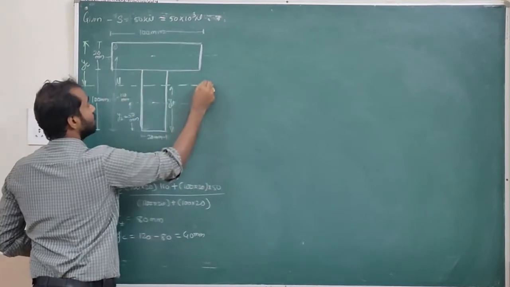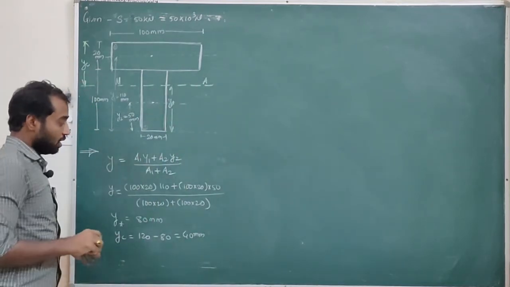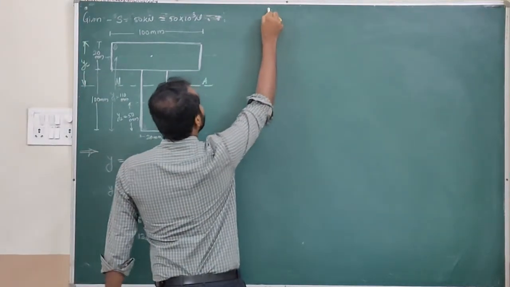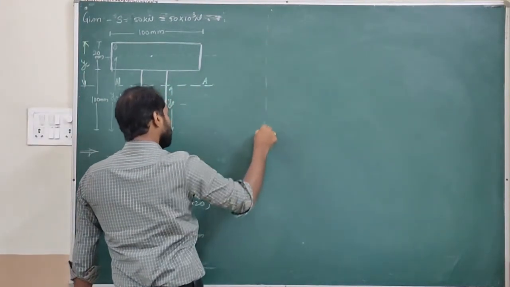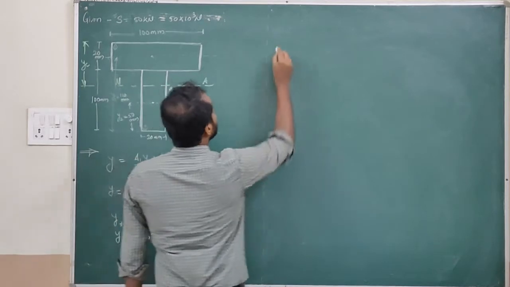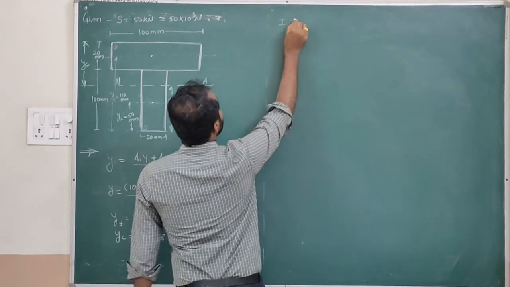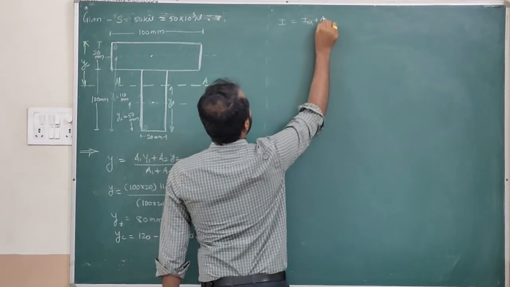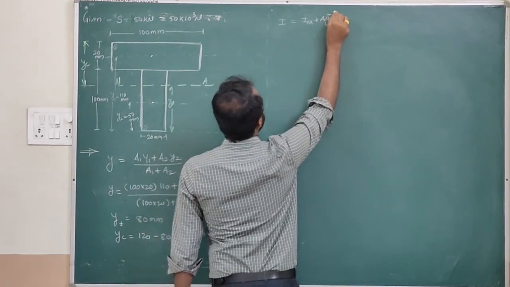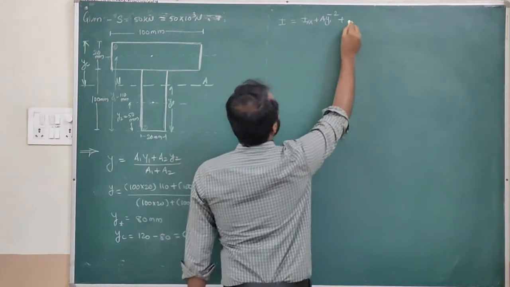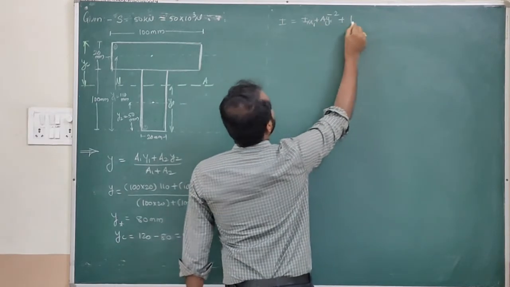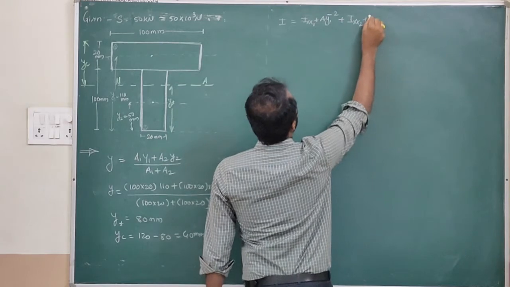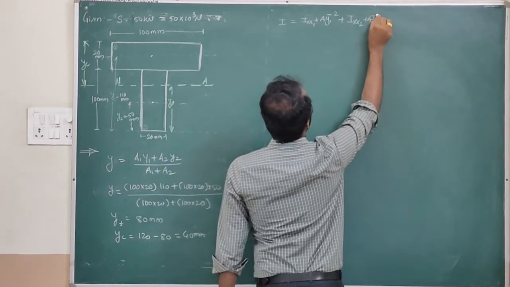Now next is to find out the value of moment of inertia. So I for this case will be Ixx1 plus a1 into y1 bar square, plus Ixx2 plus a2 into y2 bar square.